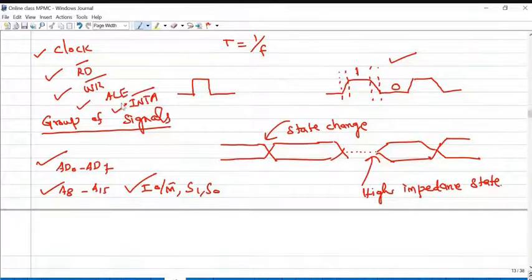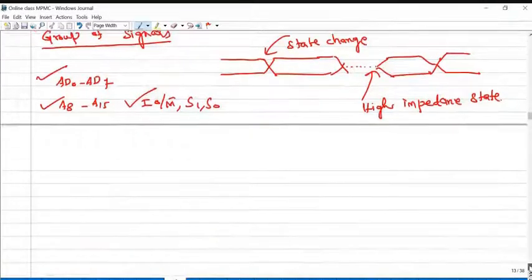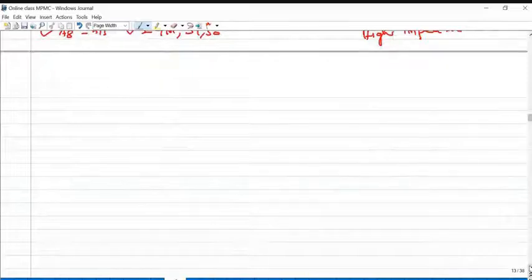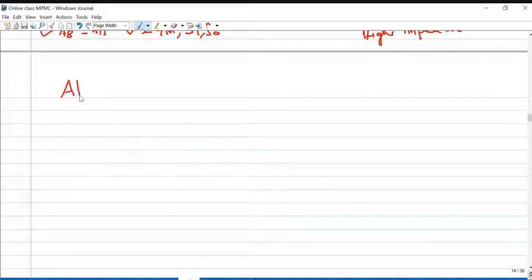Right. Last class, one student asked me a doubt regarding the address latch enable, ALE. Address latch enable. The microprocessor supports multiplexed address and data bus.